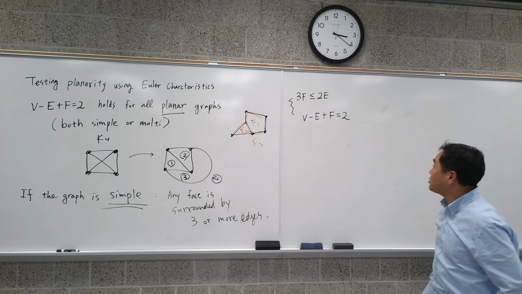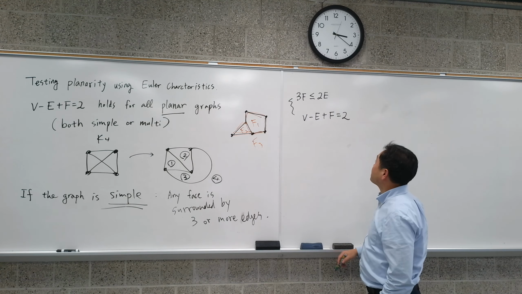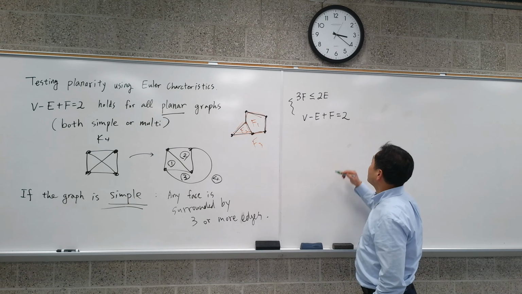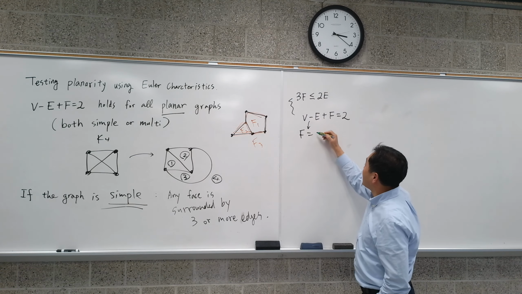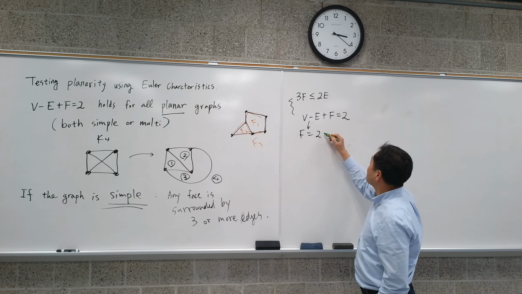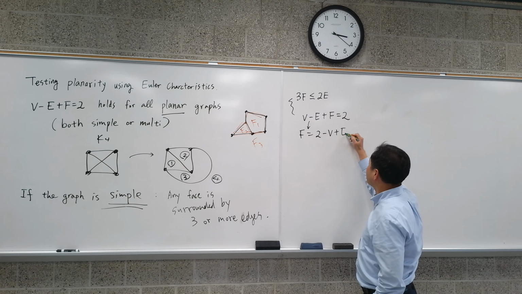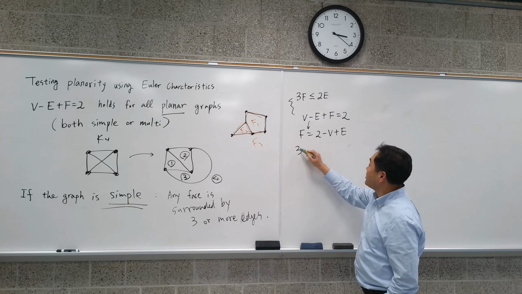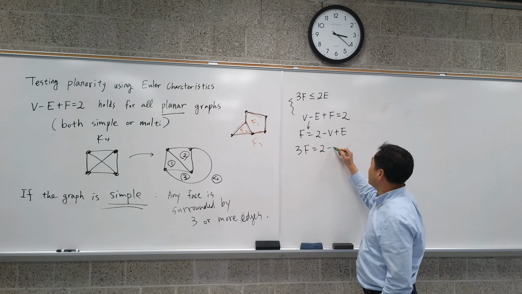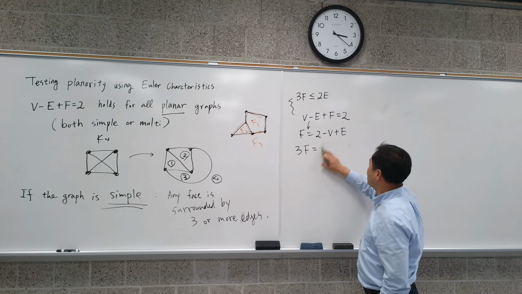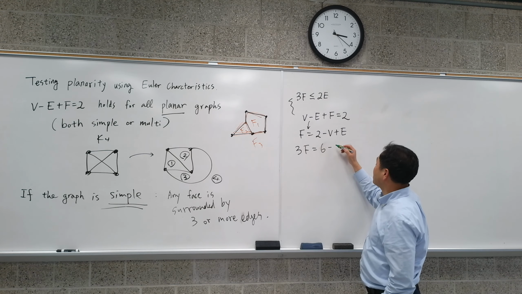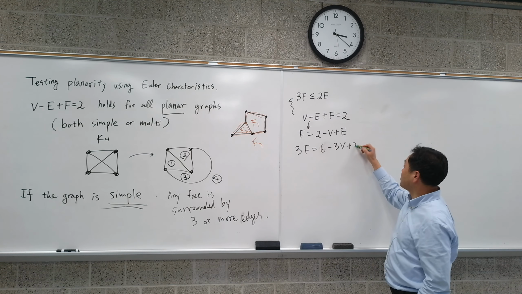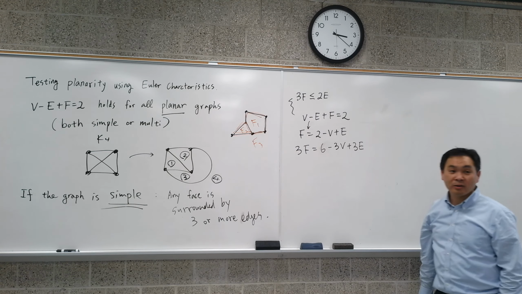Now what you can do is take this f, solve this for f. F is 2 minus v plus e, multiply by 3. So that's 6 minus 3v plus 3e. Okay.